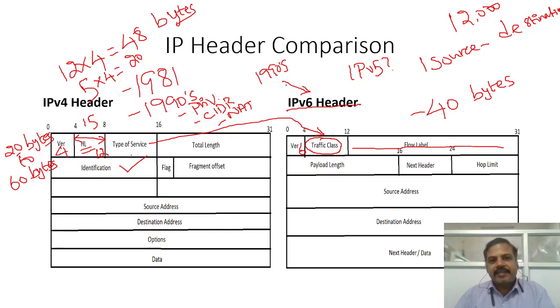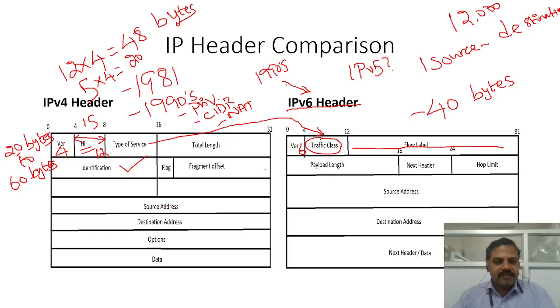So the packet which is fragmented into two or three fragments should have the same identification number, which informs the receiver that these fragments belong to the same packet from the source. For that, we are using the identification number, which is not in the IPv6 header. IPv6 does not allow fragmentation in the intermediate router. The source system itself will fragment the packets. So no intermediate router has the right to fragment the packet. So they have removed the identification field.